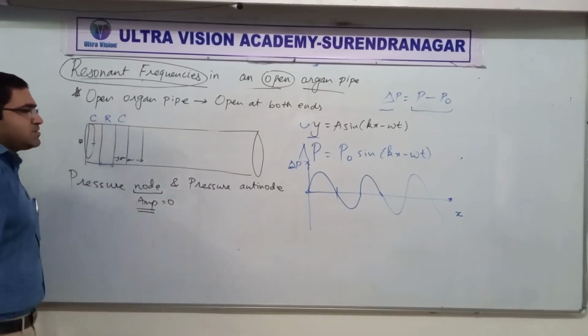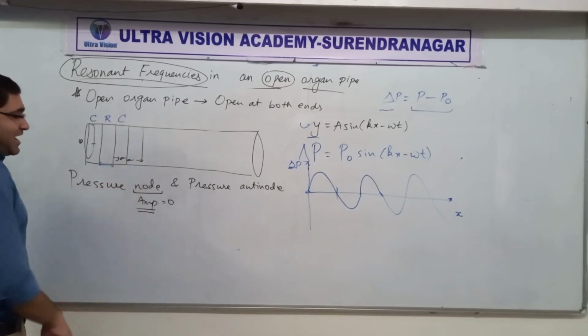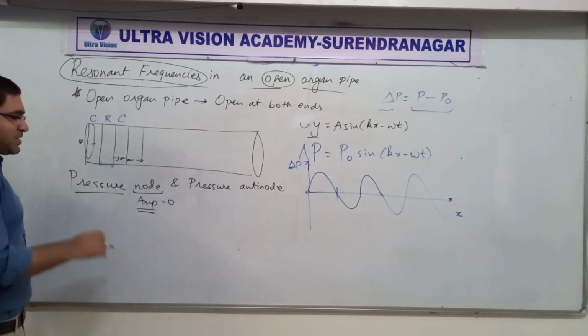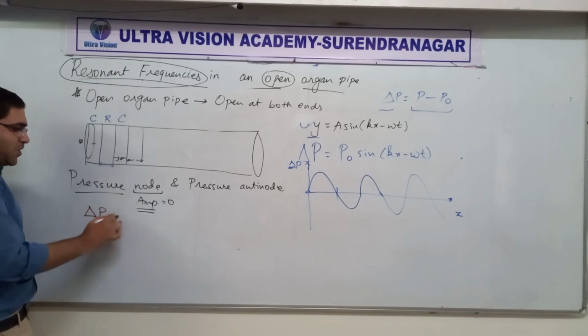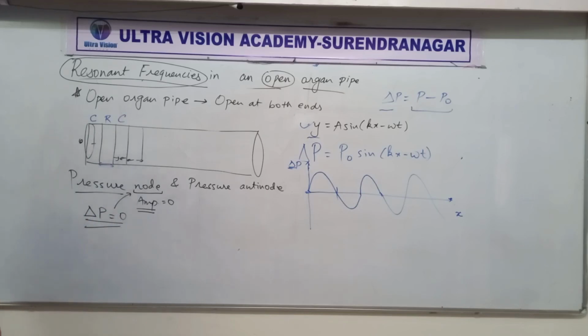Just like that, a pressure node would mean a point where the change in pressure is always 0. Did you understand the meaning of pressure node?